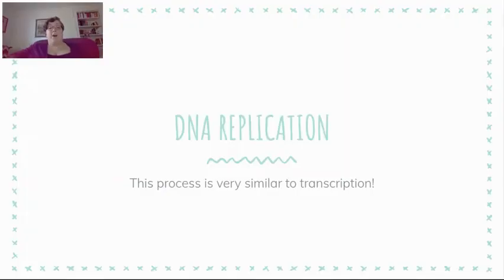You're going to see some of the same stuff happening, but its purpose is to start with one DNA double helix and make from that 2 perfect copies of the original. The process is called DNA replication, which makes sense. To replicate something means to make more of it.